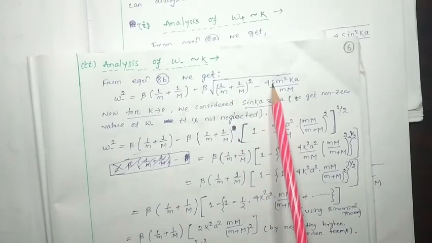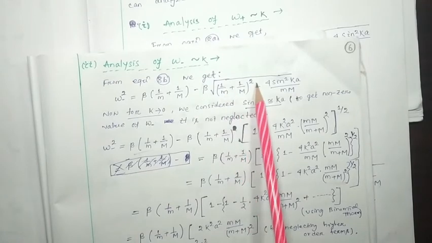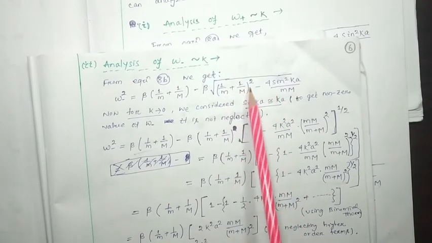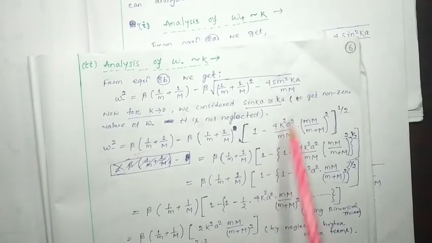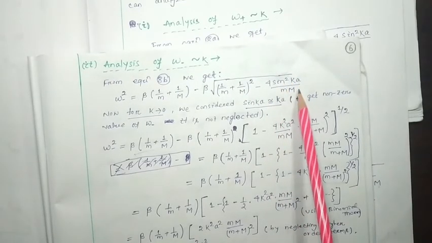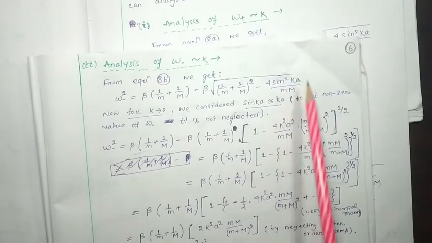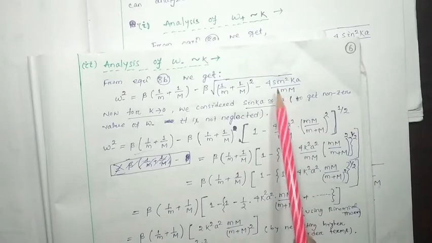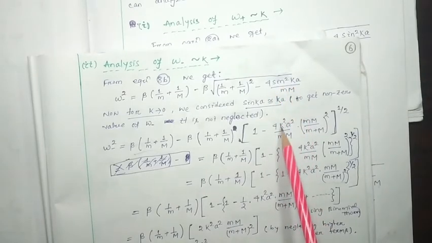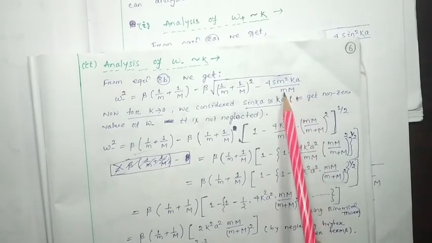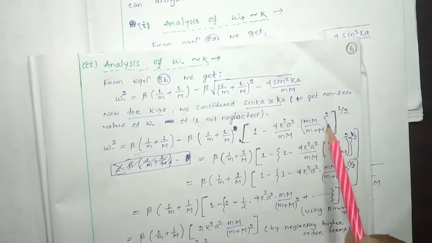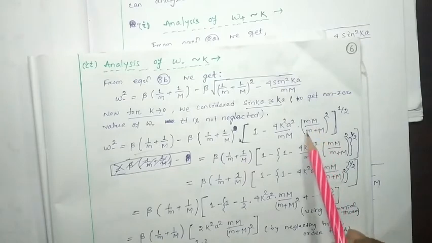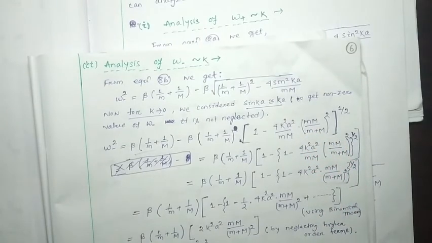If I take common from these terms, this will be 1 and this will be minus. Here we substitute sin ka equal to ka, so it will be 4 k square a square divided by mM. So you can think about how this term came out. See, I am going to show you. Wait.